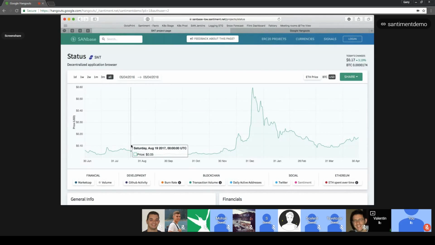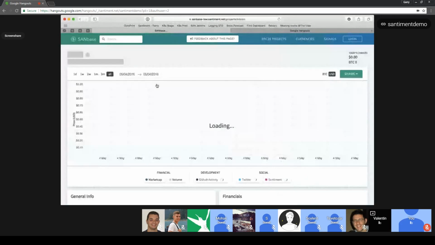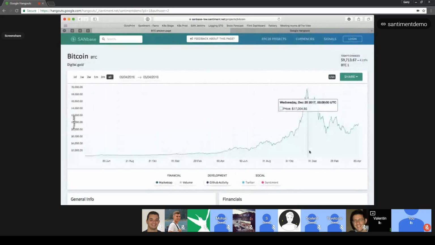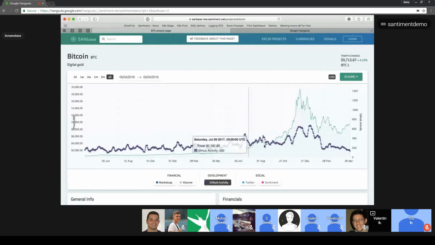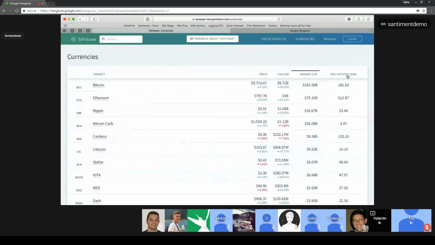Let me see if I missed anything. So for currencies, there are much fewer time series that you can see. The most interesting one is the dev activity. That could be actually quite interesting for some projects.